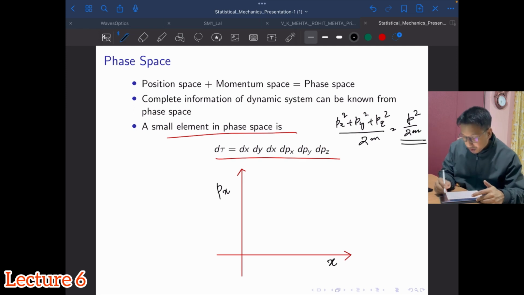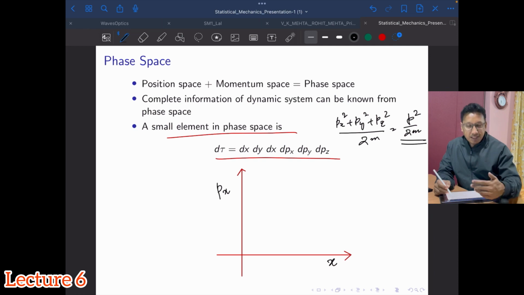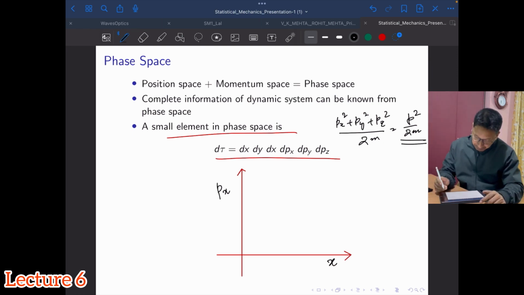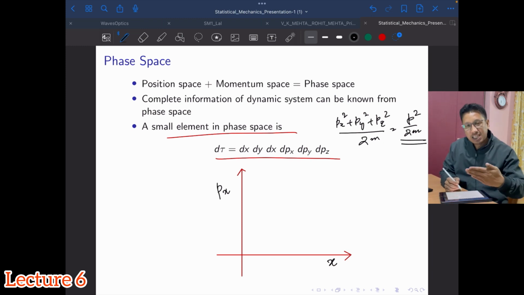From this expression, the momentum representation also gives you the energy of the system, or the energy of the states of the system. So here is an energy sheet in the phase space given by this x and px axis.